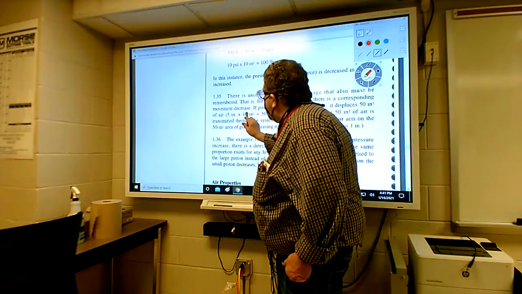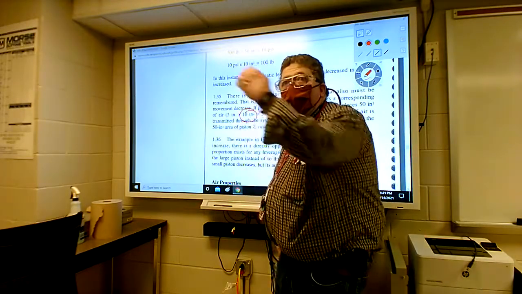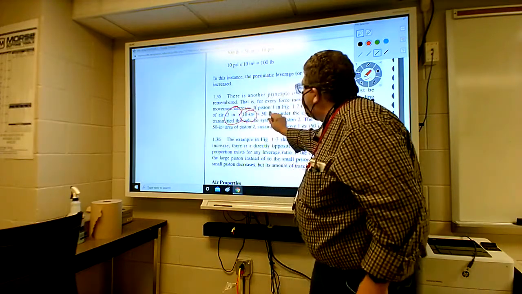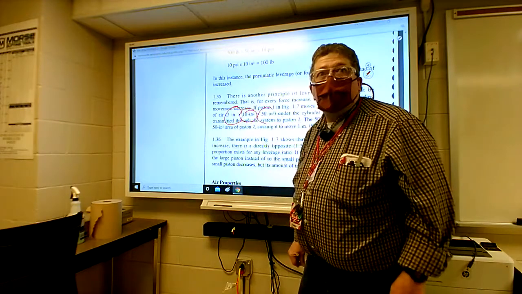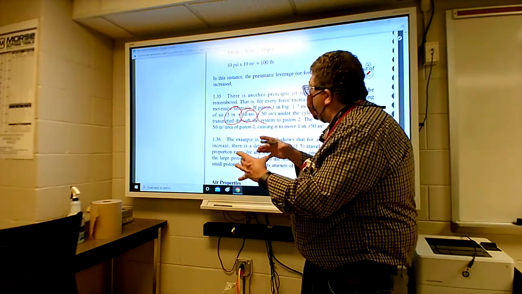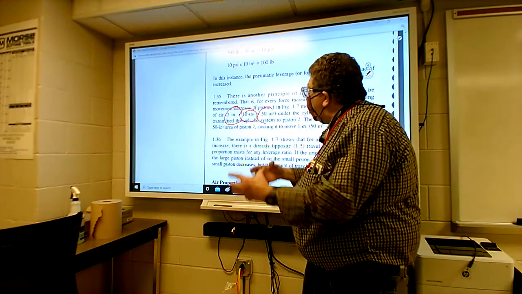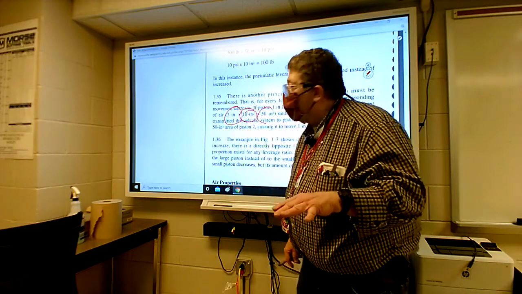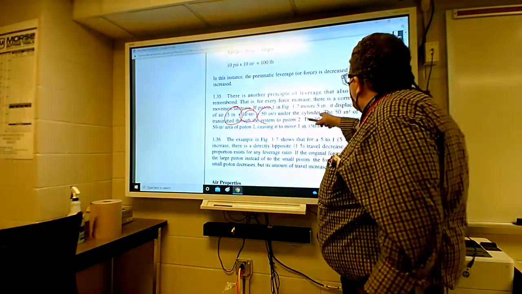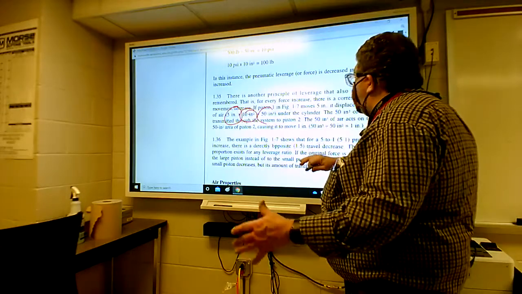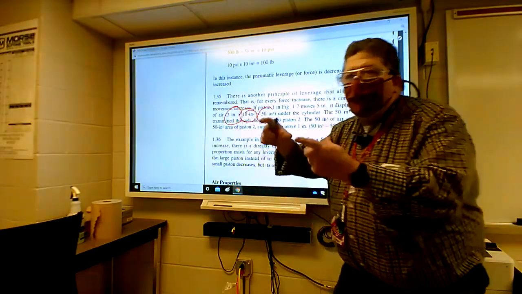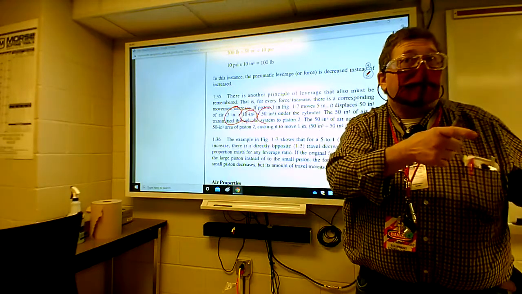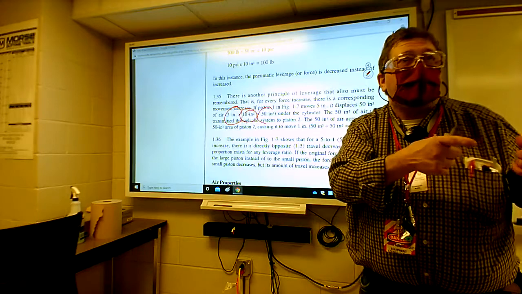Here's how they calculate it. That was the piston size of the first one on the left, times 5 inches gives you 50 cubic inches. You got 10 square inches of the piston, 5 inches of travel, and that gives you a volume of 50 cubic inches that it moved. Then the 50 cubic inches of air was transmitted to the cylinder that was 50 square inches, right? The bigger one was 5 times as big.